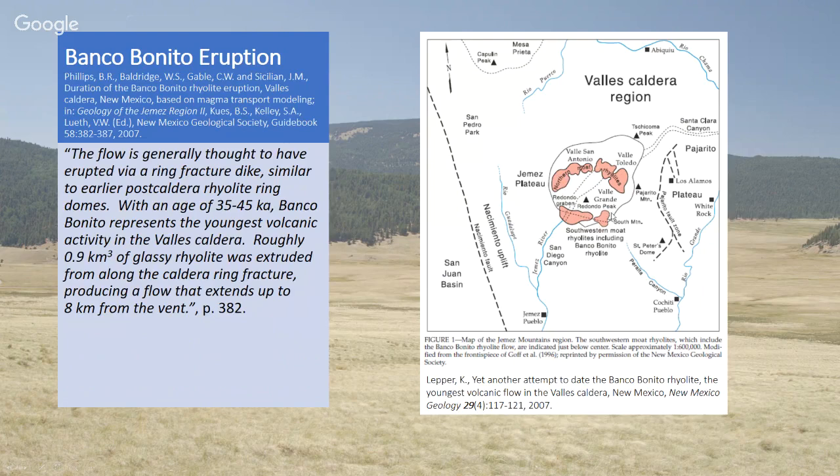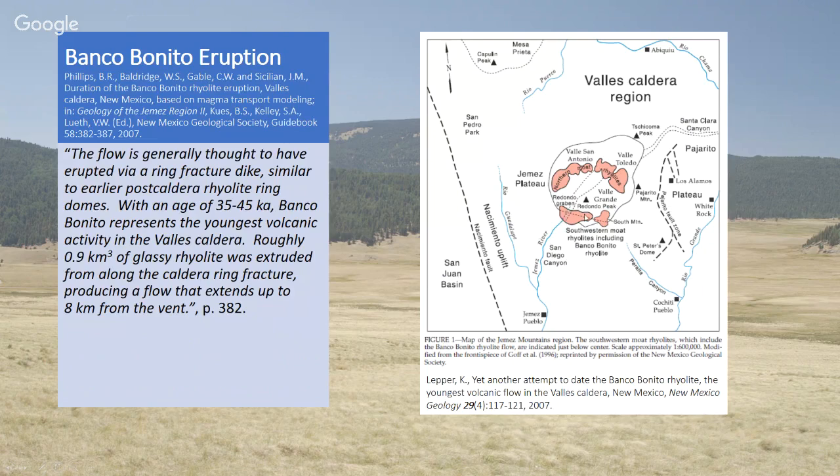But then there were some in the south. The latest one was called the Banco Bonito eruption, and it's this area right here. Recent dating of that is 35 to 40,000 years old, and it represents the youngest volcanic activity in the caldera.